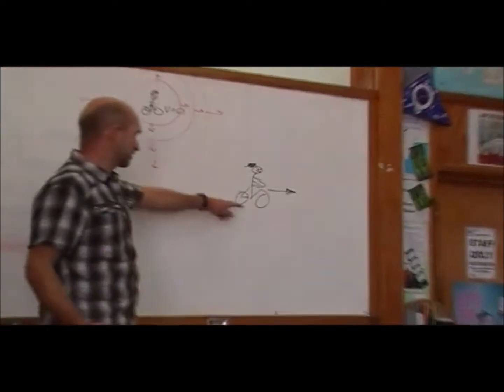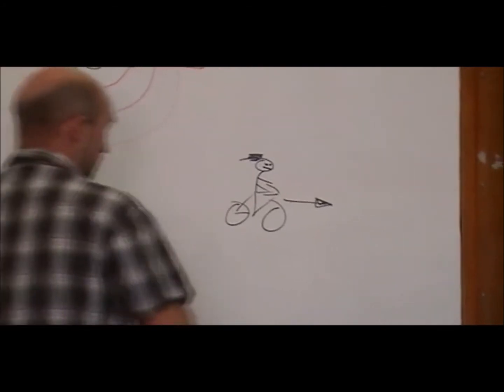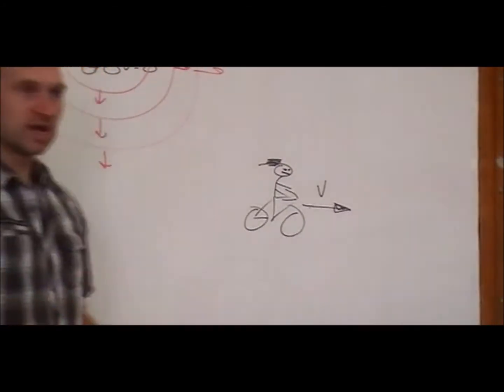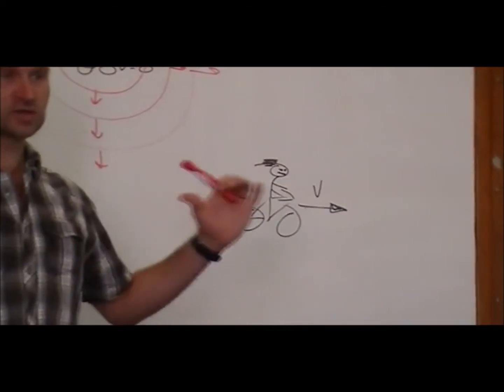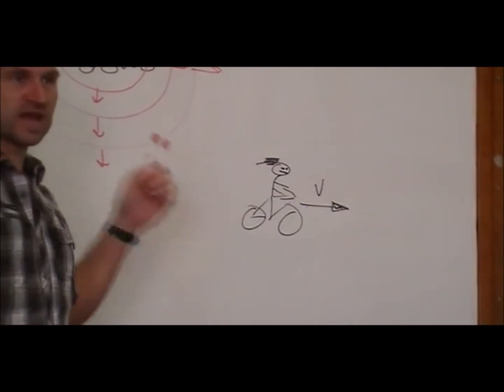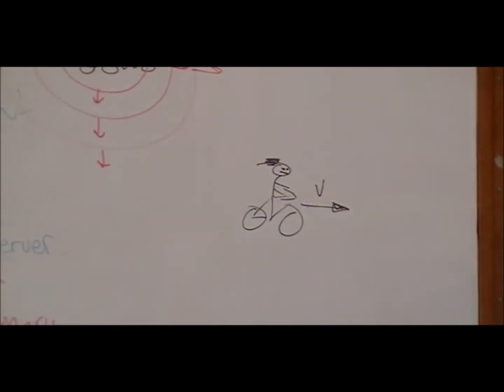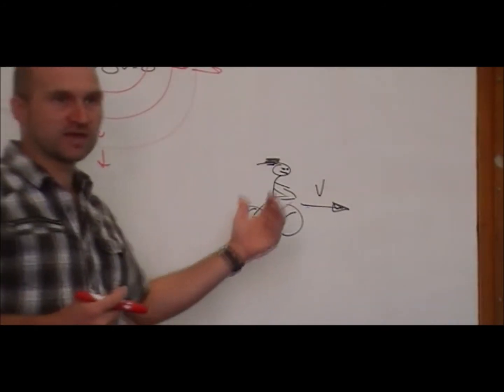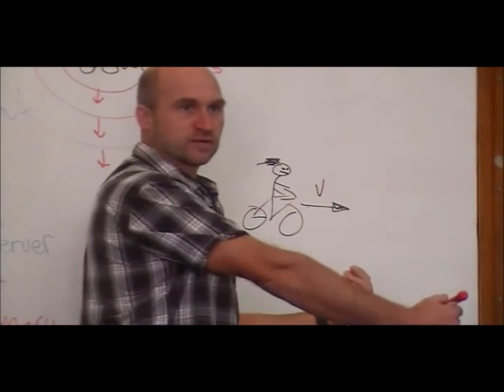However, if we take our source and we start to move it forwards, we're still going to get those concentric circles, but what's happening that causes this change in frequency is between emitting one wave and the next one, our source moves forwards.